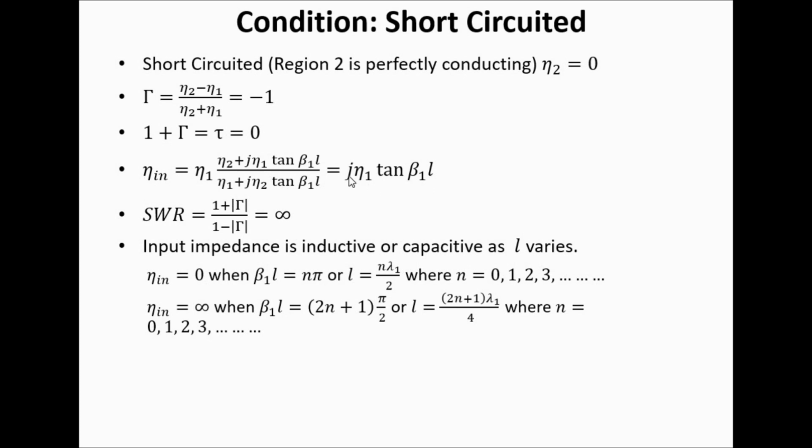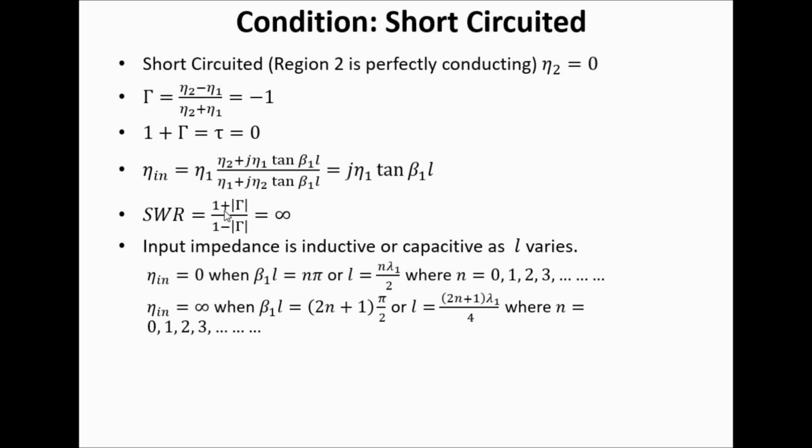As we have a j term, it should be inductive or capacitive. If j is positive, the impedance will be inductive. If j is negative, the impedance will be capacitive. So we can produce any value of reactive impedance by setting this value for L.